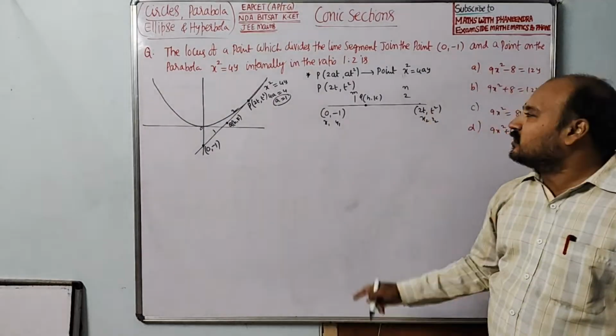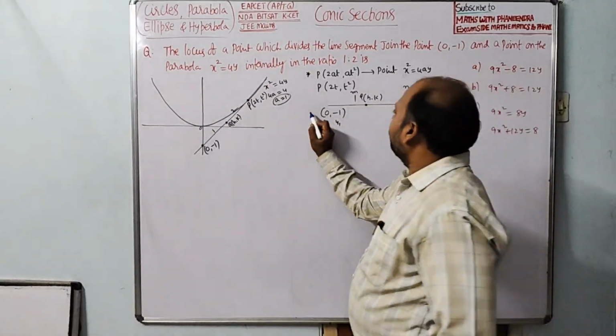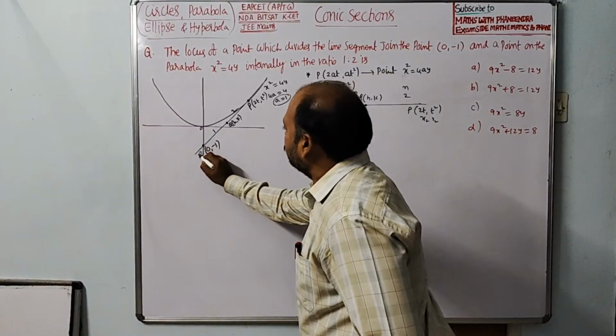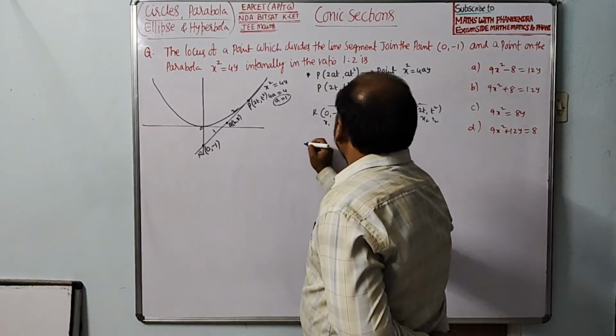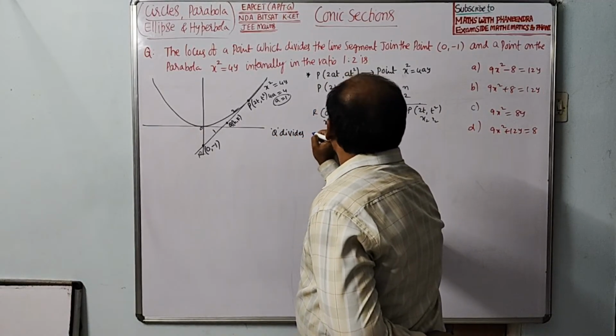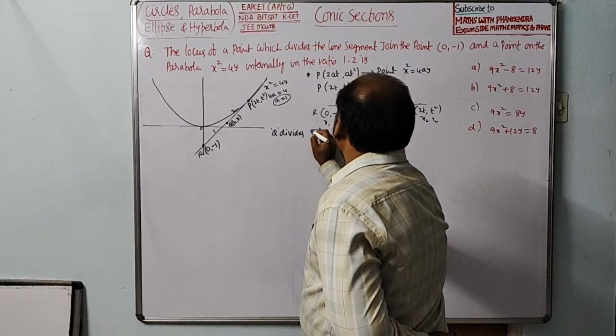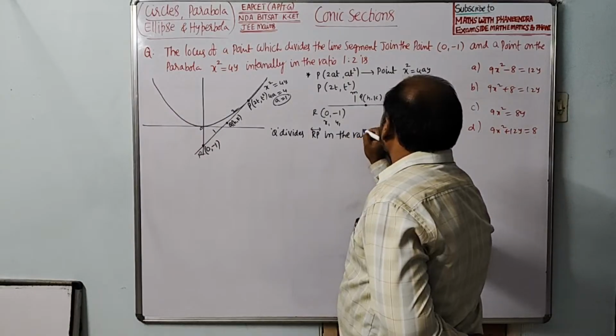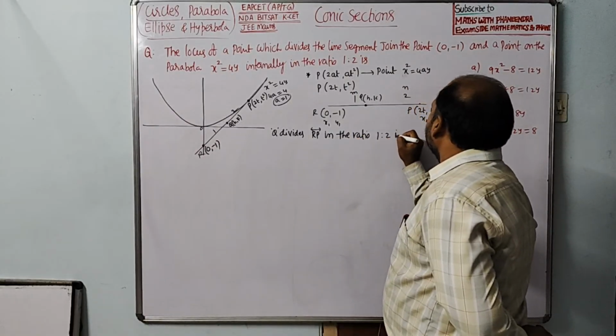You know that the point Q divides, this point is P, this point is R. You take it, dear students. Q divides RP in the ratio 1:2 internally.